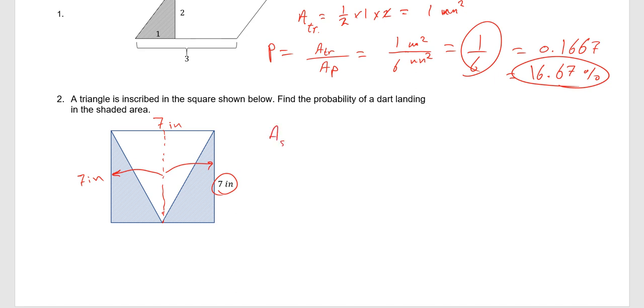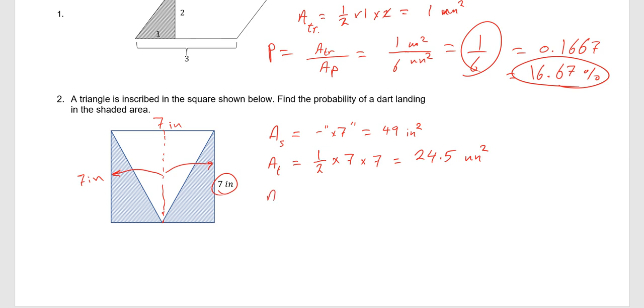The area of the square is equal to 7 inches times 7 inches, which is 49 square inches. The area of the triangle is equal to 1/2 times base, which is 7, times height, which is 7, which is equal to 1/2 of 49, which is 24.5 square units.